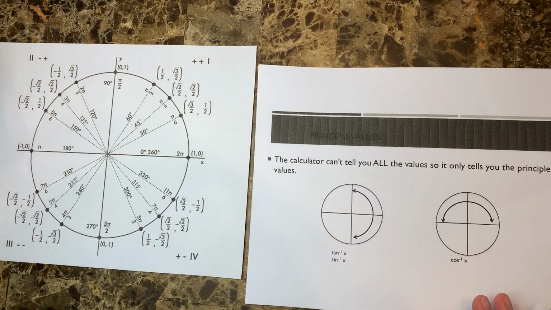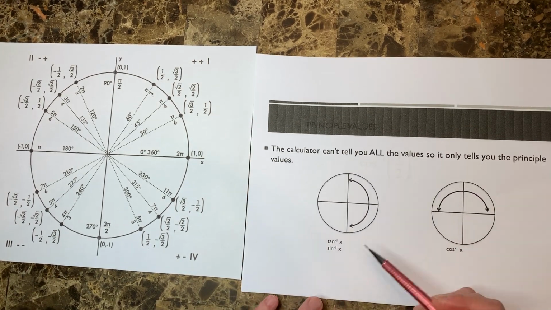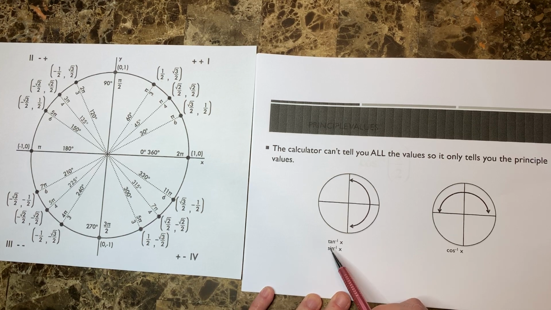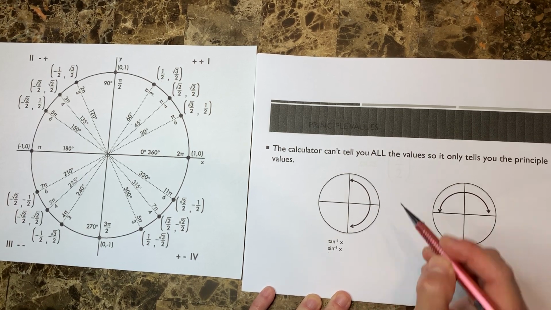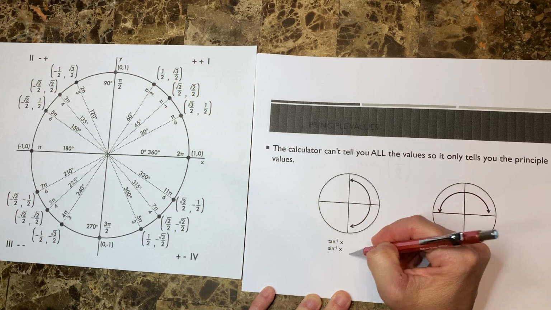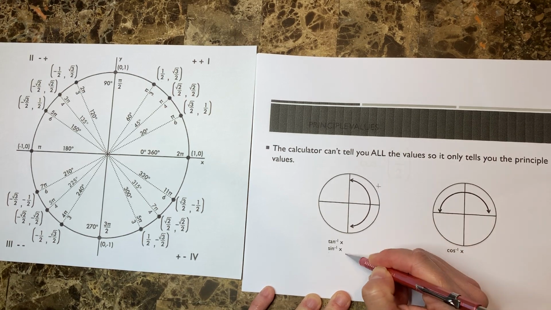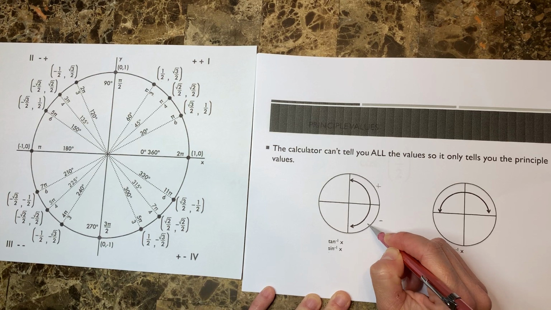So what the calculator is doing, if you're doing second tangent or second sine, or second cosine, is that there are particular quadrants where you can look for your answer. All positive answers for tangent and sine will be in the first quadrant, but all negative ones will be in the fourth.